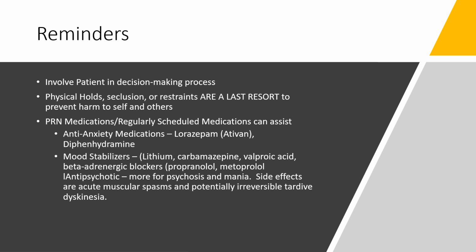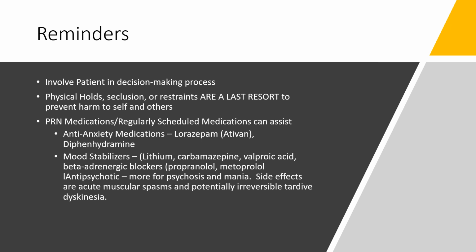And then you have your mood stabilizers like lithium, carbamazepine, valproic acid, beta adrenergic blockers like propranolol, metoprolol, antipsychotics. And this is more for your patients who have psychosis and mania. Just remember that there are some side effects that come along with these medications, including acute muscle spasms and irreversible tardive dyskinesia.